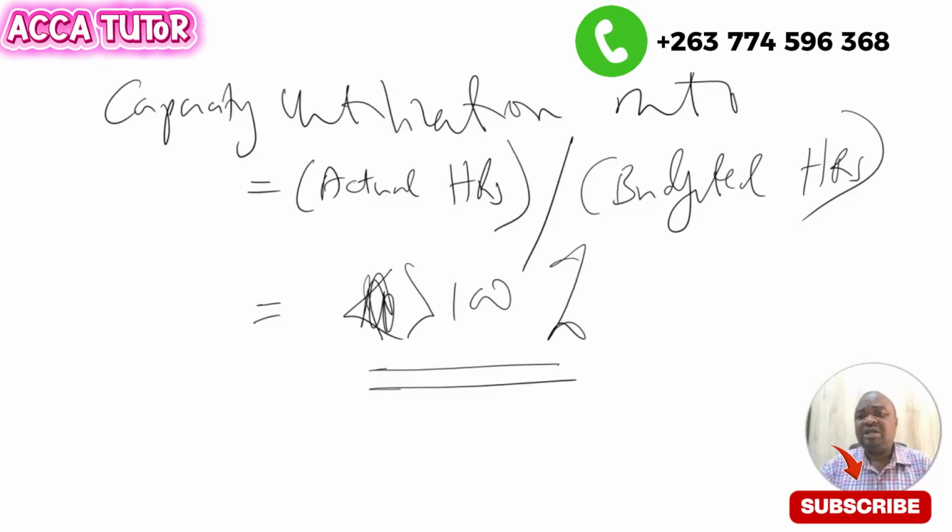We use all the labor available to the fullest, or even exceeding its potential. But it won't be good in the longer term. So it is usually sustainable that this ratio should be below 100%. All right, I think I have done justice to this aspect of the syllabus.